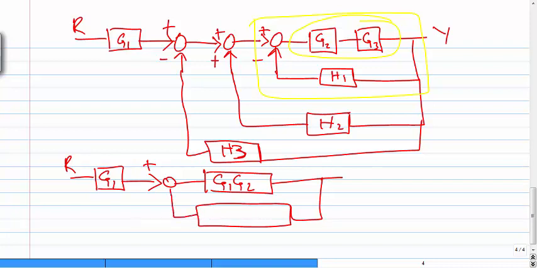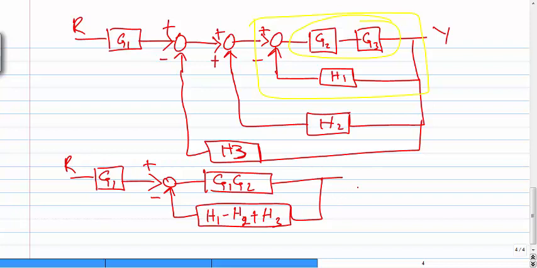If we make it a feedback one, then we have H1 minus H2, so that this sign is consistent, and plus H3.